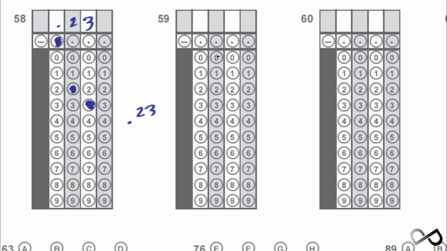Another way that you can bubble this in is you could write it shifted over, 0.23. That would be another acceptable way of bubbling this in. Both of them would be marked as correct.